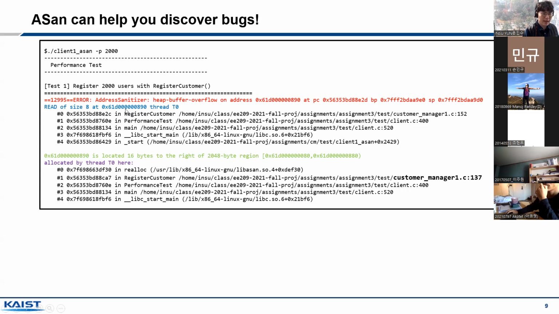So this is the call stack for this read, and it also tells you where you allocated the memory. This memory, which is the memory that caused the overflow, address sanitizer tells you that you allocated it here. This is what address sanitizer gives you.